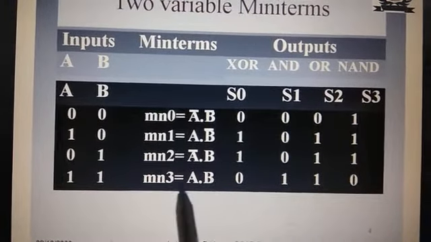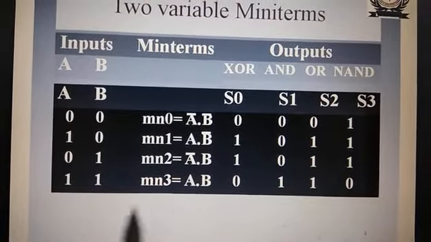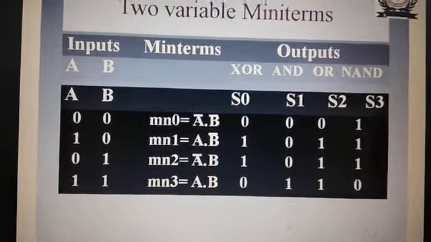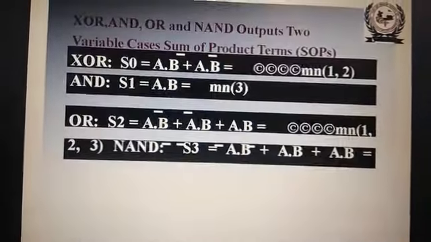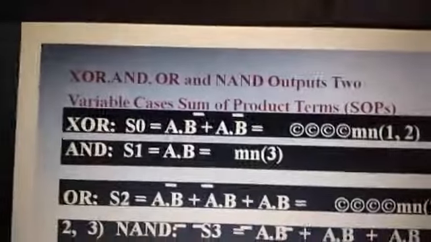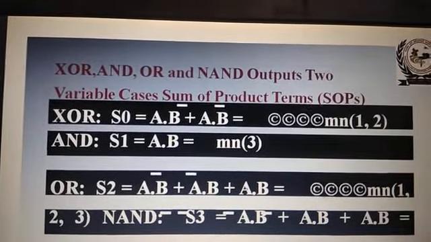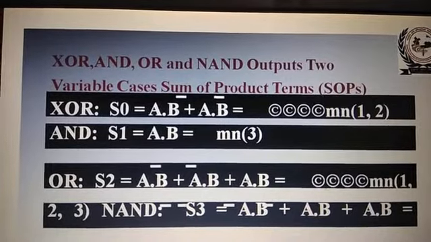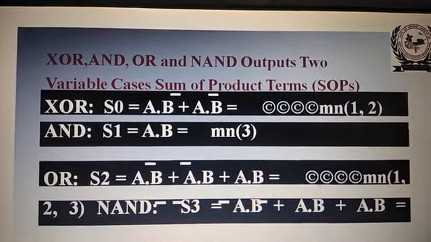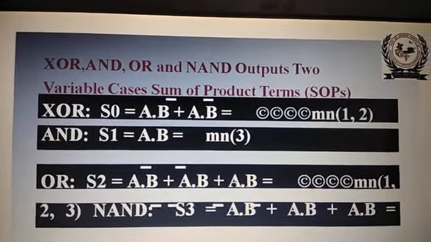Then 0, 1 means min term 2 and 1, 1 means min term 3. These are the XOR, OR and NAND outputs for the 2 variable cases, sum of product terms.